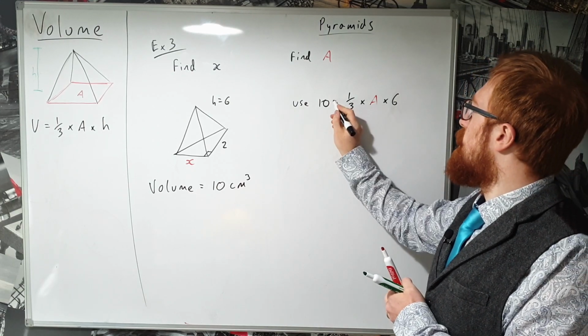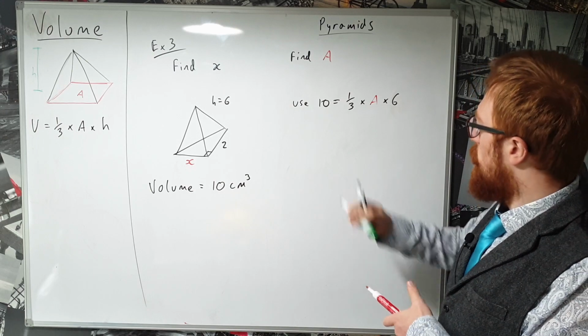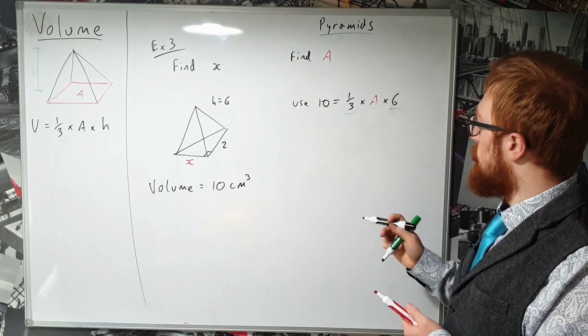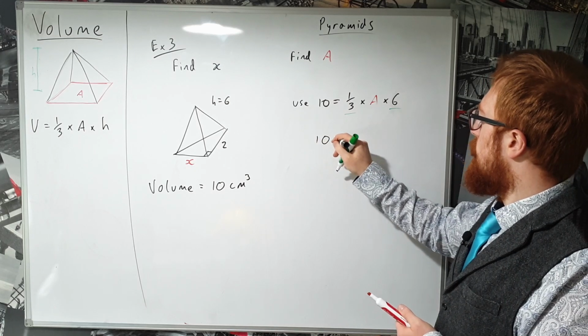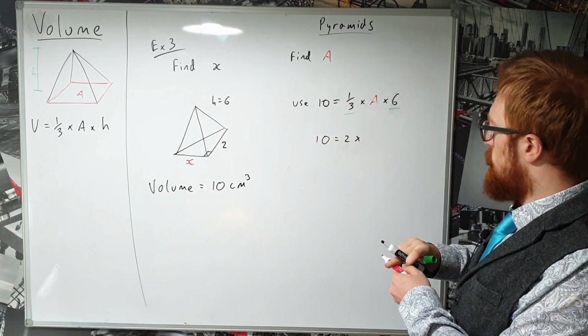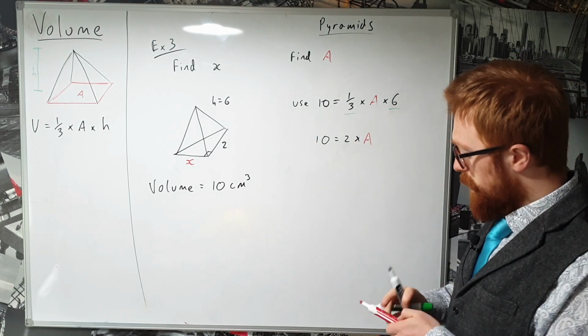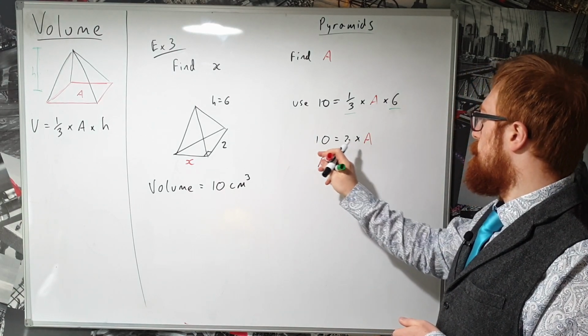So let's just simplify this down a little bit first. Let's do the 1/3 times by the 6. Well, the 1/3 times by 6 is just 2. So I've got 10 is equal to 2 times by my area, which means my area just has to be 5.